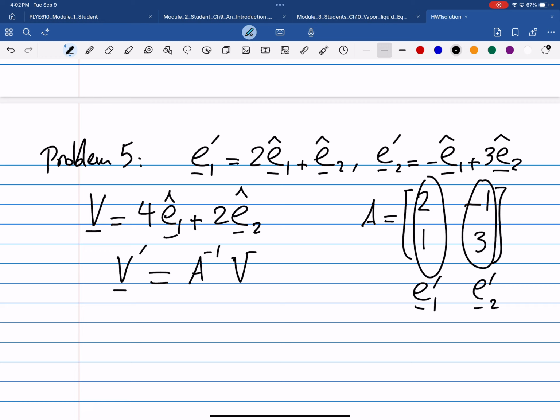Okay, but why is this? Because it was in your notes that V is equal to A prime dot V prime.